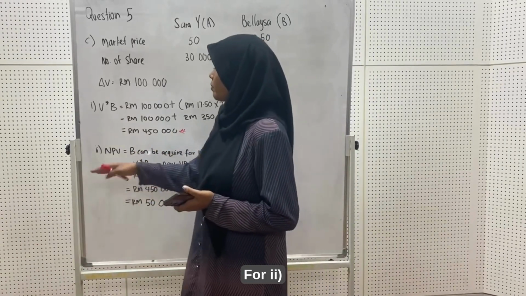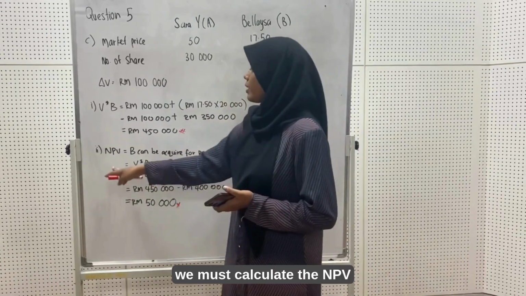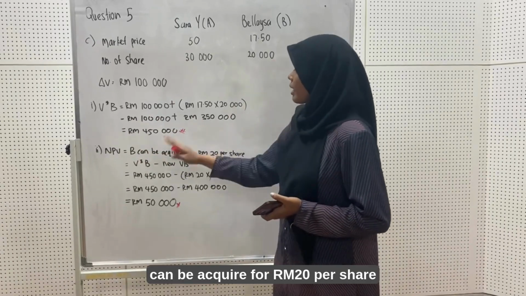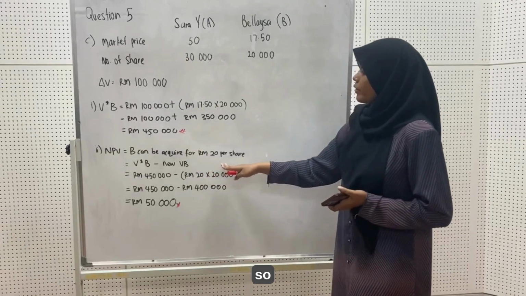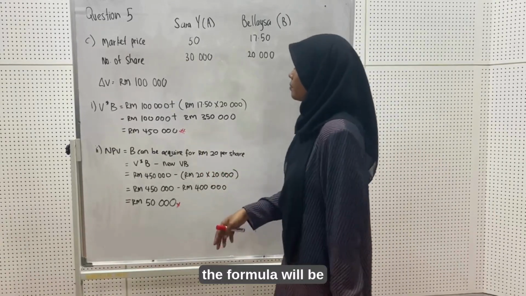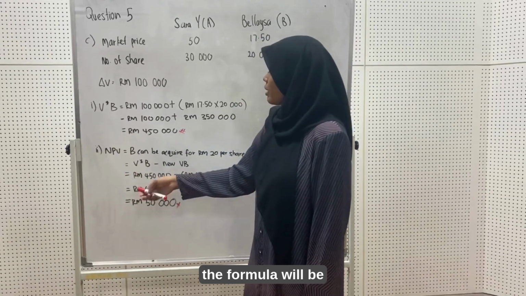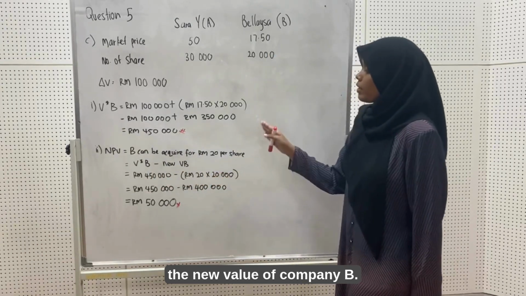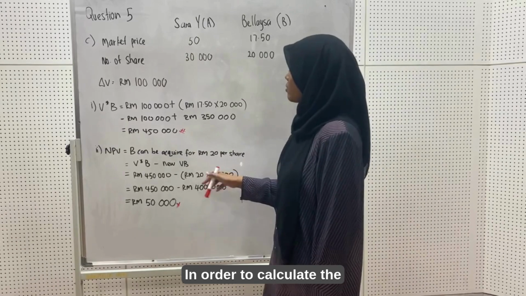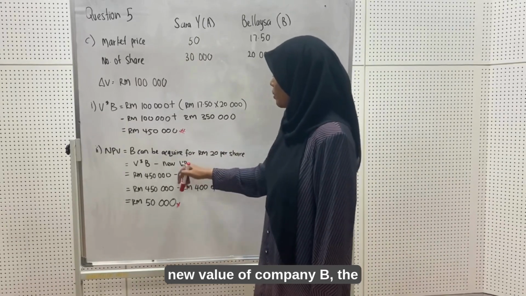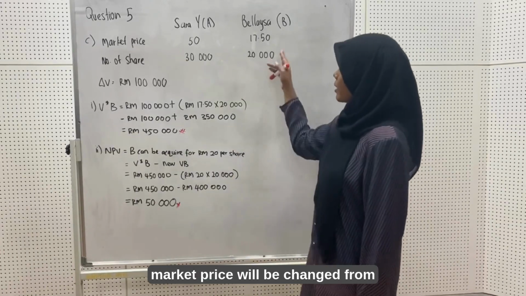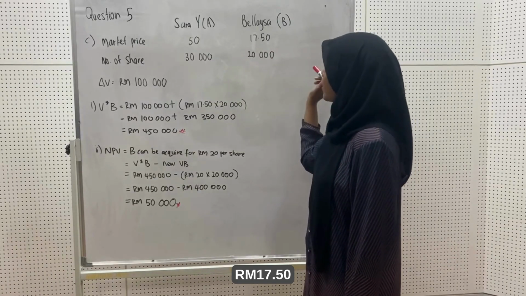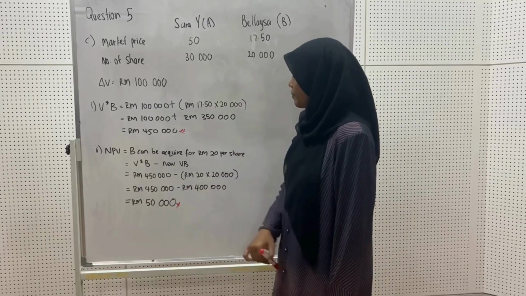And for Roman 2, we must calculate the NPV if company B can be acquired for RM20 per share. So the formula is the value of company B to A minus the new value of company B. In order to calculate the new value of company B, the market price will be changed from 70.50 to 20 ringgit.